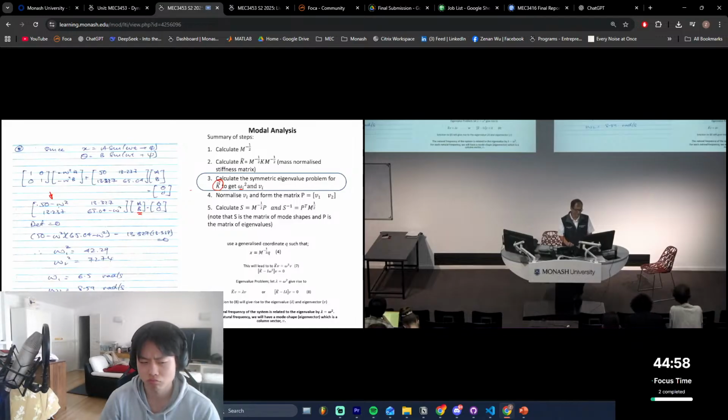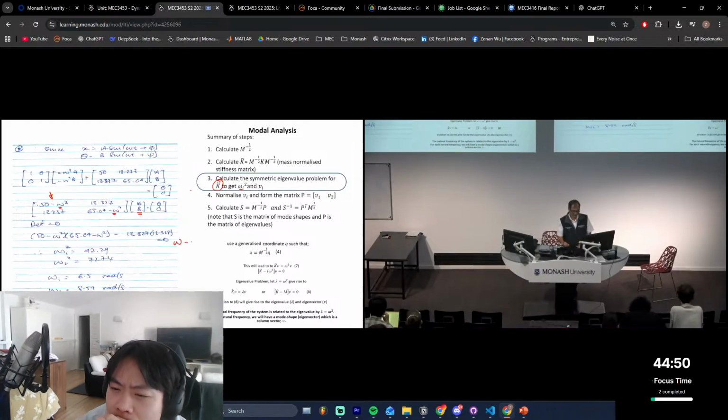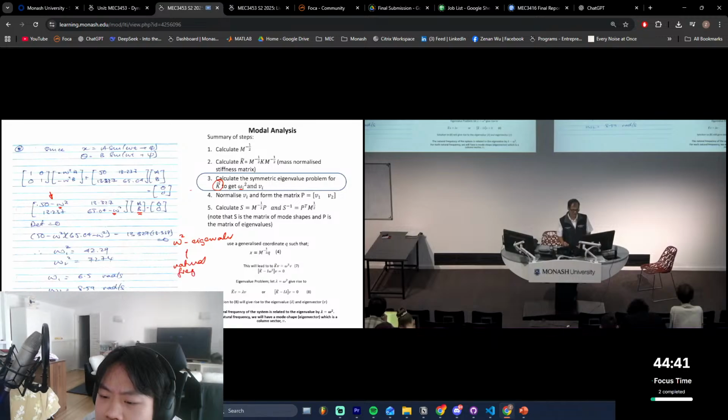We want to find out the values of omega such that this system equation will be satisfied, and this omega squared will be our eigenvalues, and that will be an indication of the natural frequency. Because omega appears here, when you do this quadratic equation in terms of omega squared, you find that there are two, omega 1 and omega 2 like so. So omega 1 happens to be 6.5 and omega 2 is about 8.6 radians per second.